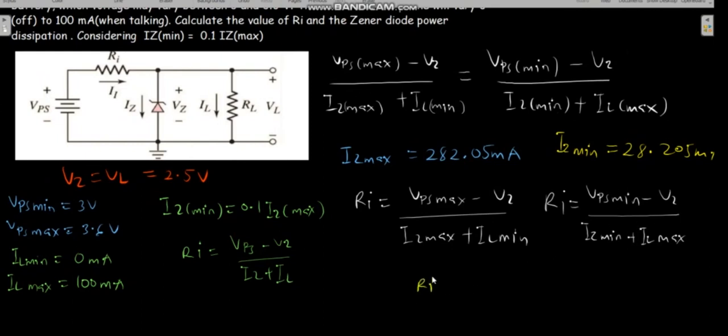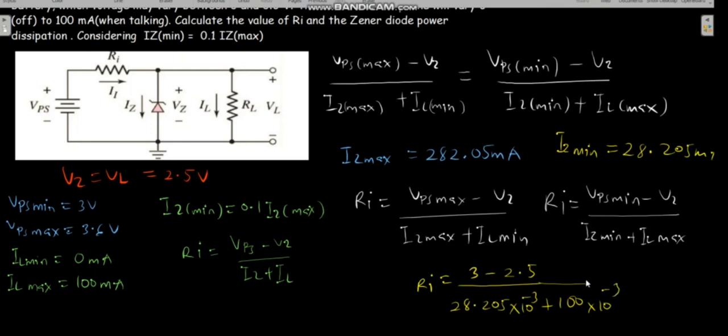So Ri will now be equal to Vps minimum, that's 3, minus Vz, 2.5, divided by Iz minimum, which is 28.205 milliampere, that's times 10 to the power minus 3, plus IL max, which is 100 milliampere, that's 100 times 10 to the power minus 3.